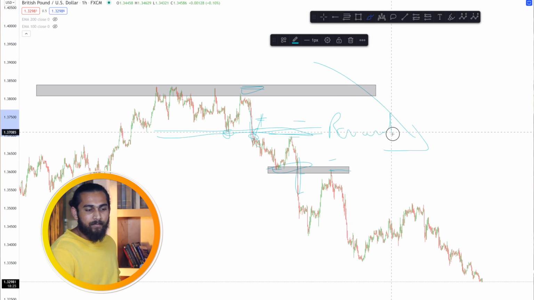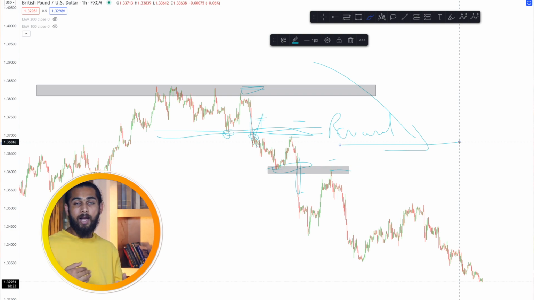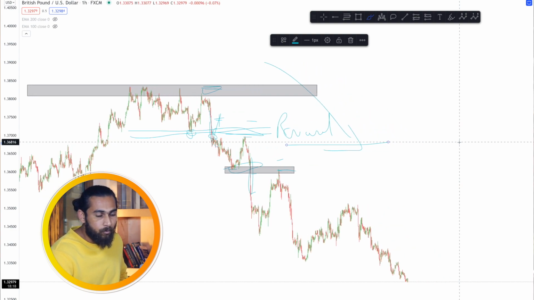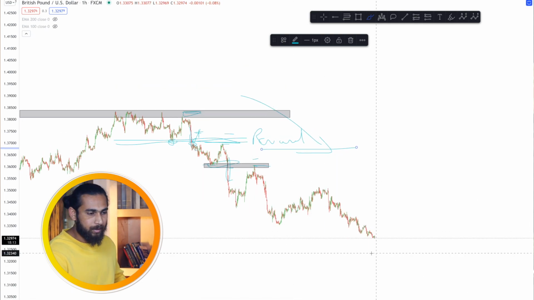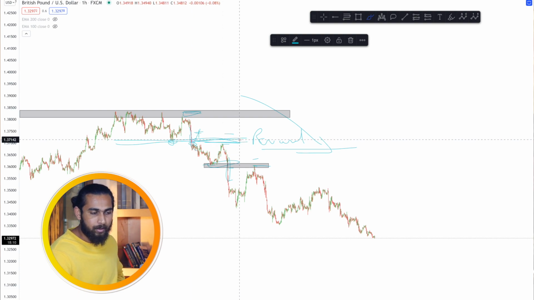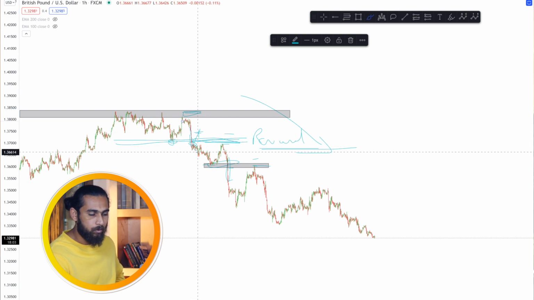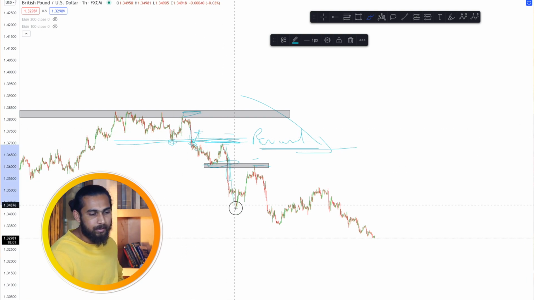Now, as a reversal entry will provide you with a high risk to reward ratio and the trade will last longer, you can ride this trend until and unless you see a shift in momentum. That is, let us say you entered a sell trade over here. That is a reversal entry, because the price created a lower low, a lower high and a new lower low. So you entered over here and then the price started to move down.